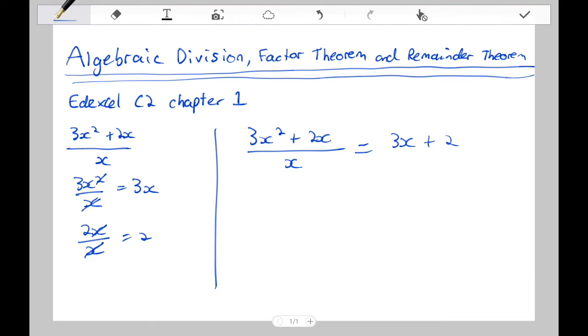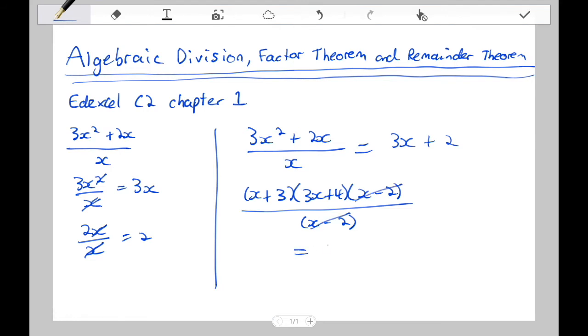So let's take, for example, the fraction x plus 3, bracket 3x plus 4, close bracket, open bracket, x minus 2, all divided by x minus 2. What happens here is that simply the x minus 2 on top can cancel with the x minus 2 on bottom, and we'd be left with x plus 3, 3x plus 4. Perfect.